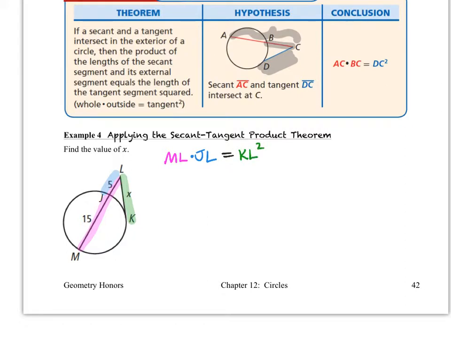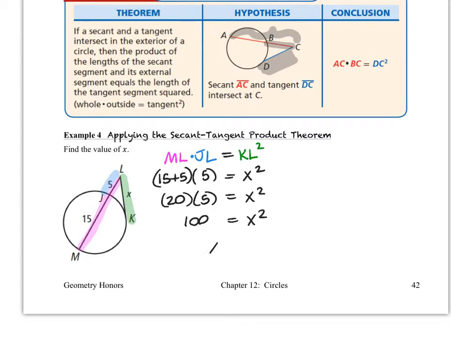ML is 15 plus 5. JL is 5. And that needs to be equal to KL, which is x squared. So we have 20 times 5, which is equal to 100. And that means that x is equal to 10. And that's what we were asked to find, the value of x.